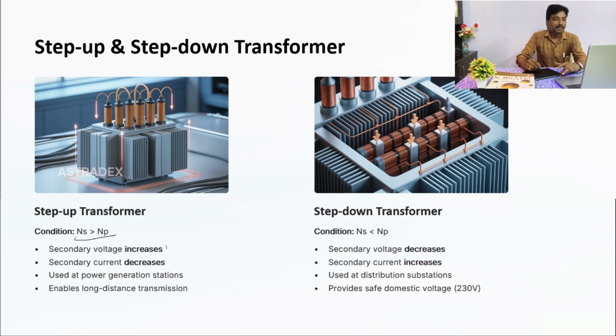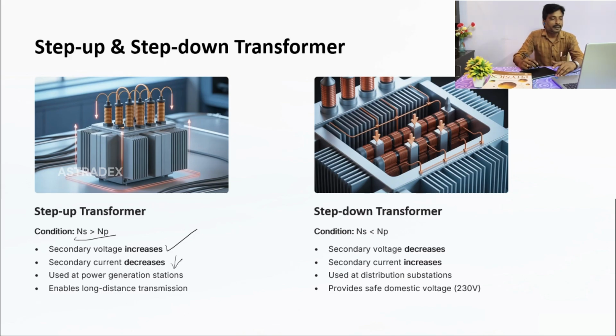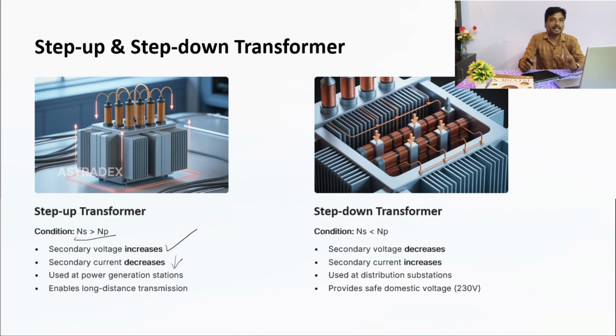What will it do? The step up transformer increases the secondary voltage and decreases the secondary current. And it will be used at the power generation station, and it enables long distance AC transmission system. And step down transformer.